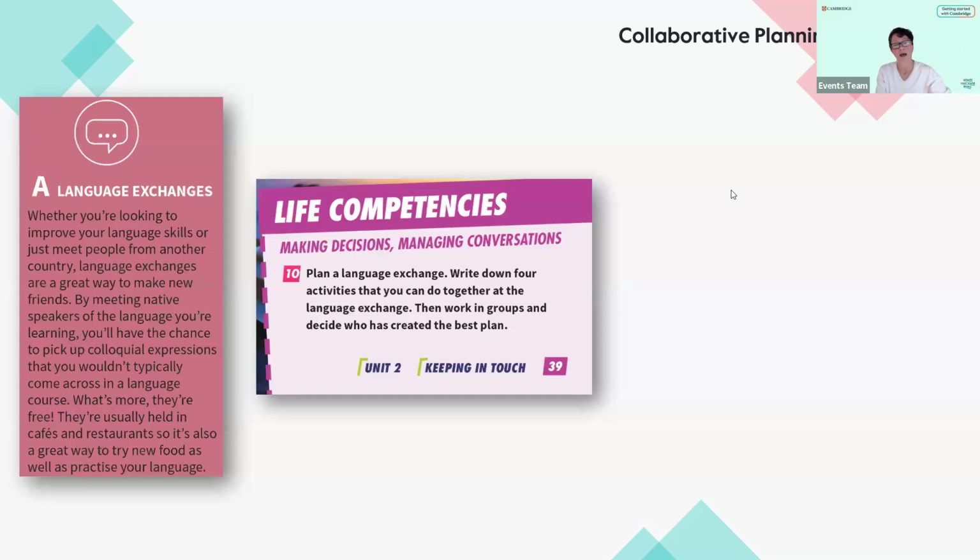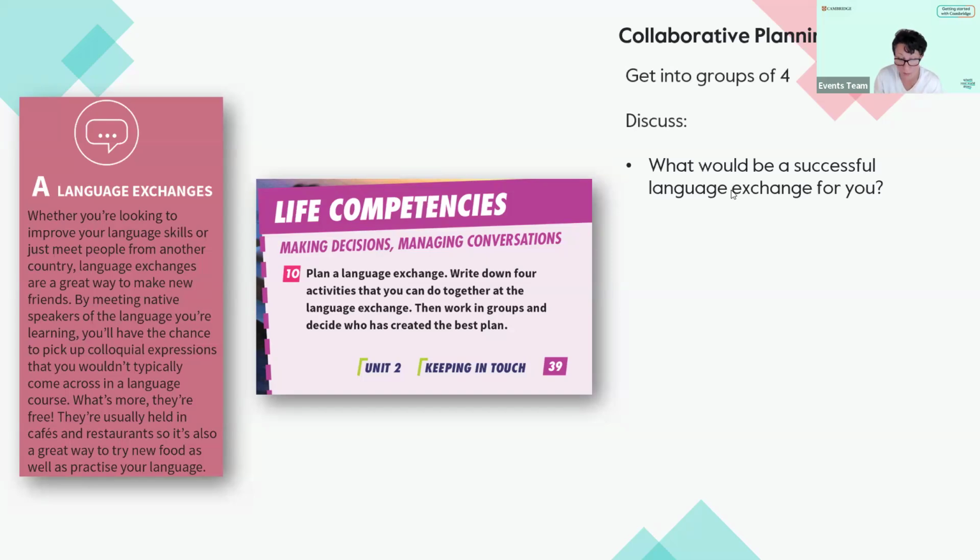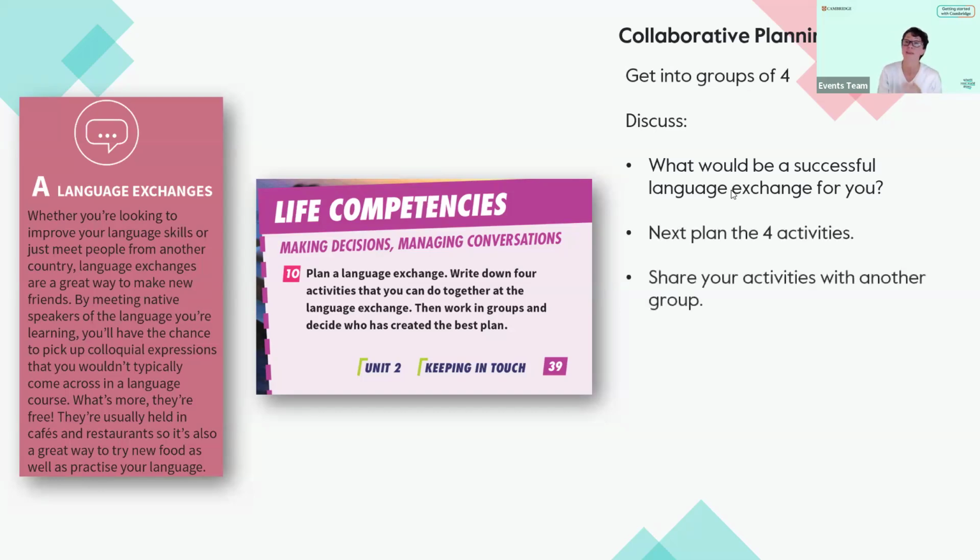So you've got here a script about language exchanges, and what we could do is carry out a collaborative planning activity. You could ask them to work in groups of 4, and they have to discuss, of course, what would be a successful language exchange for you. Then they'll have to plan those 4 activities, and then share those activities with another group, challenge the learners to improve on their language exchange.